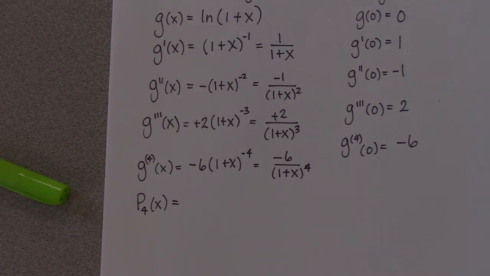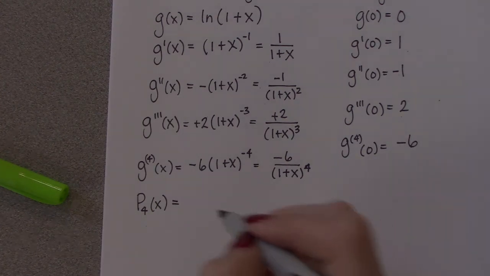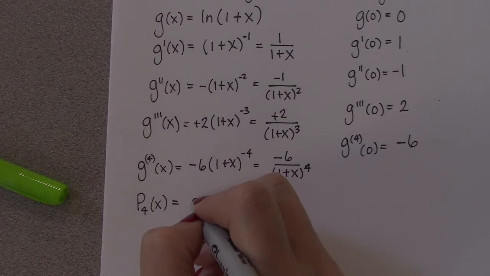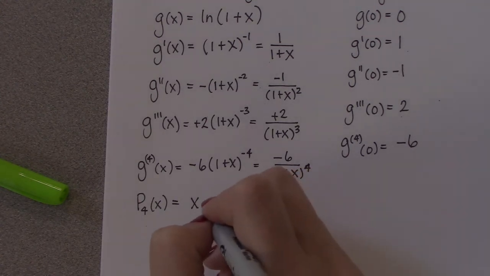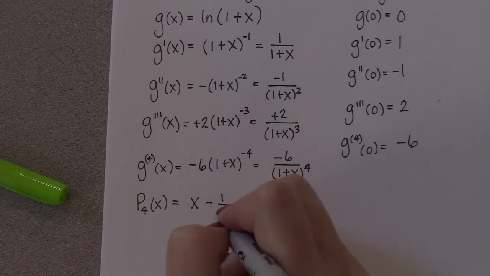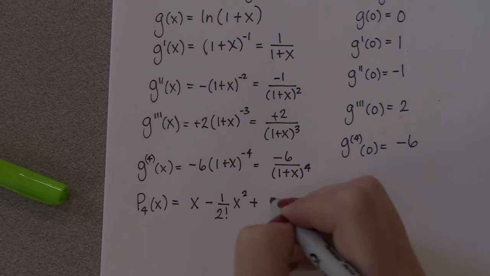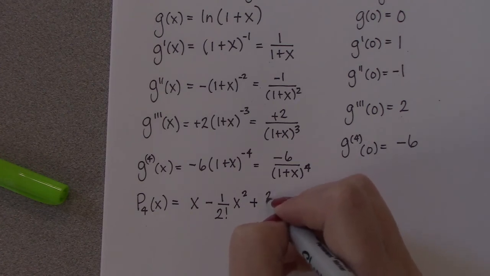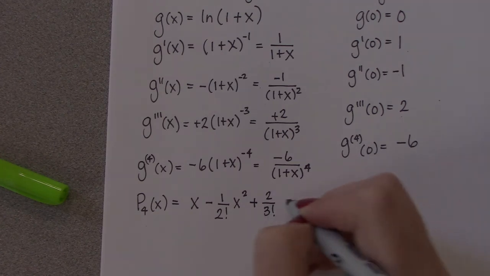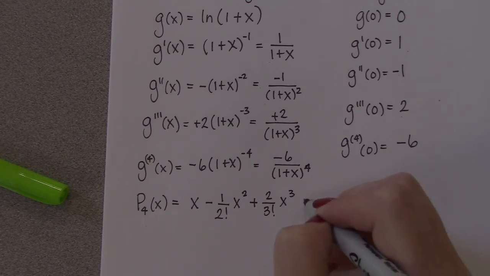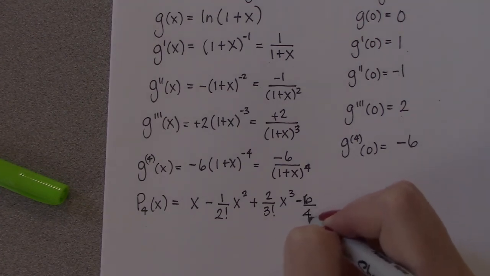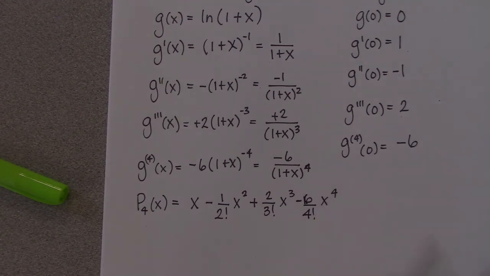So if we build our 4th degree polynomial, the first term is 0, so we get 1 times x, then minus 1 over 2 factorial x squared, plus 2 over 3 factorial x cubed, minus 6 over 4 factorial x to the 4th.